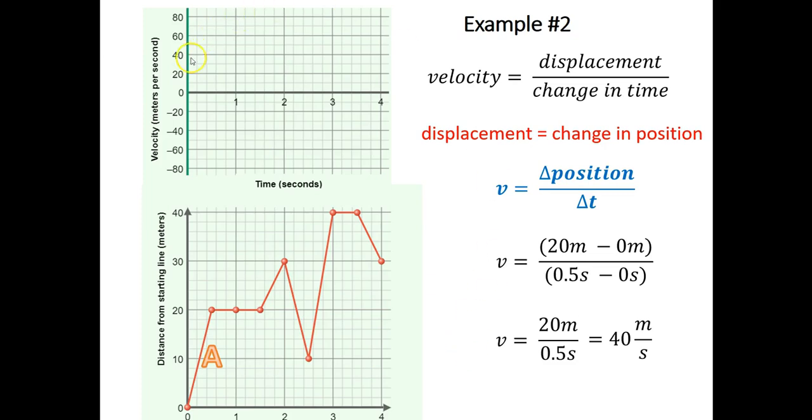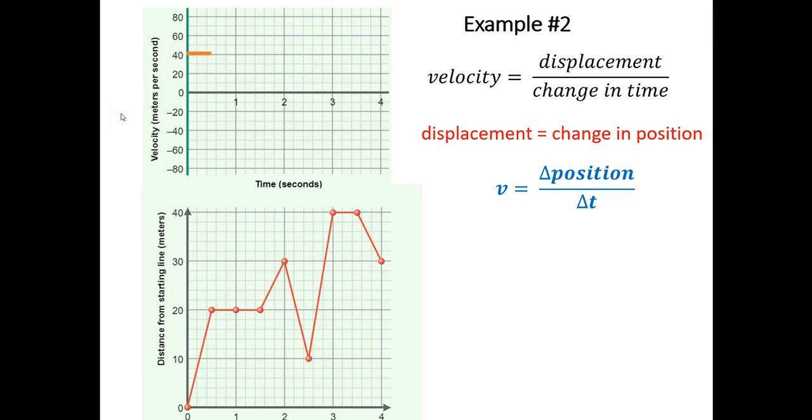We come back to our velocity time graph, and it's only going to be halfway through to 1 second. It's only 1/2 of a second at 40 meters per second. So part A, just this little small bit of a line. Segment B, change in position divided by the change in time. Well, we didn't change position. 20 meters minus 20 meters.